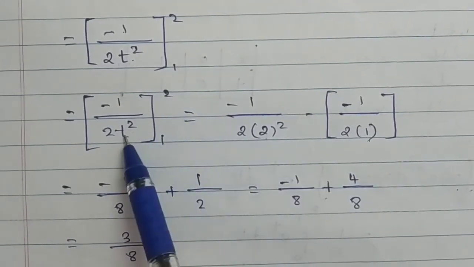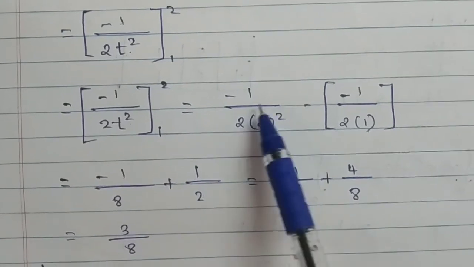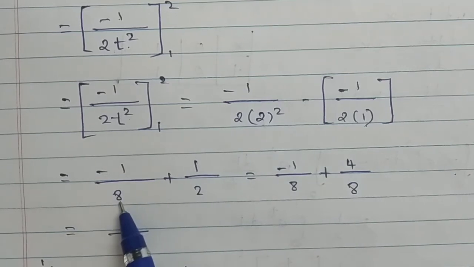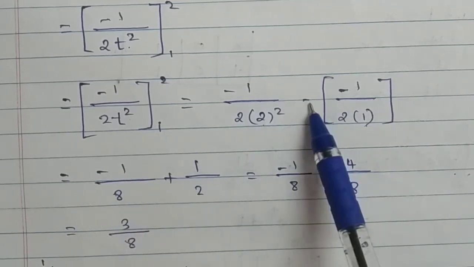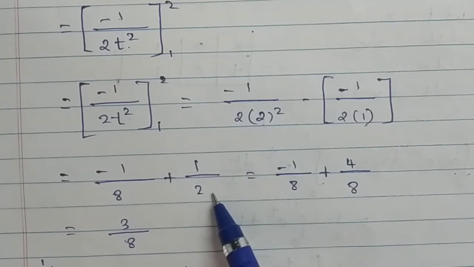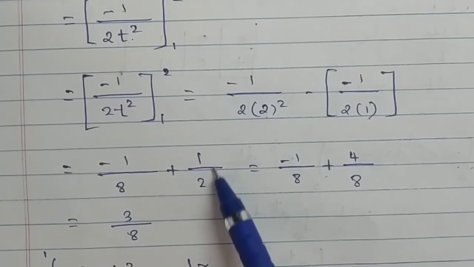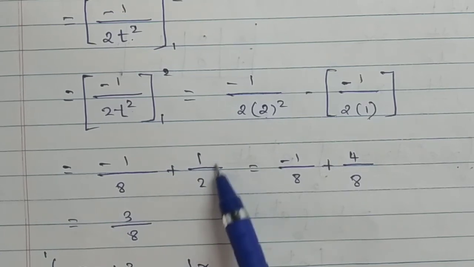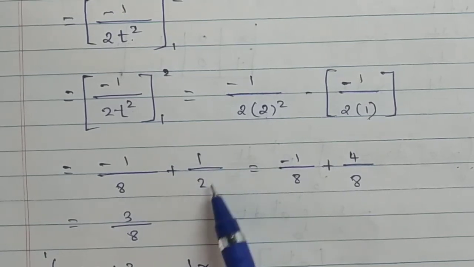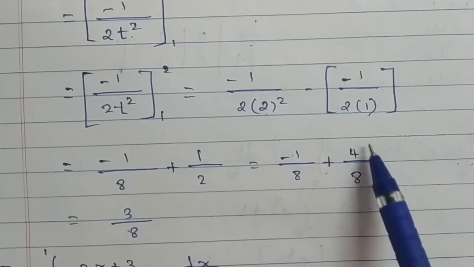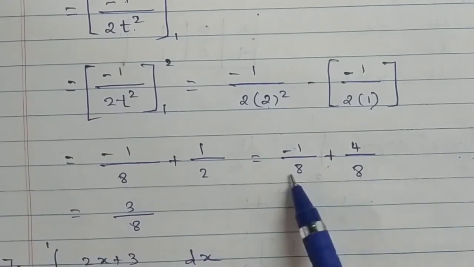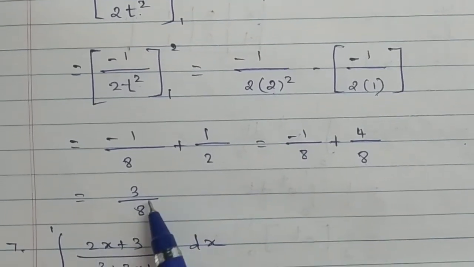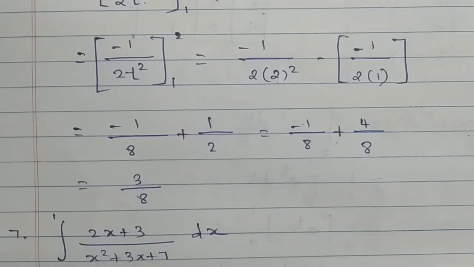Simplify: 2 square value is 8, so minus 1 by 8, minus into minus is plus 1 by 2. Find the LCM, converting into the form of 8: 4 2s are 8, so 4 by 8. The denominator is the same, so minus 1 plus 4, we get the value 3 by 8.